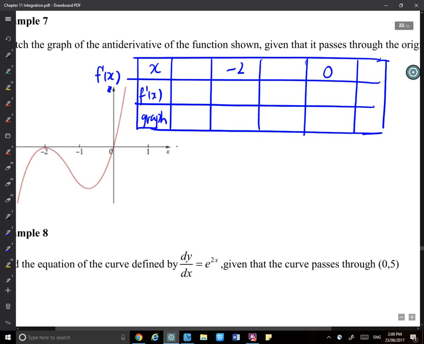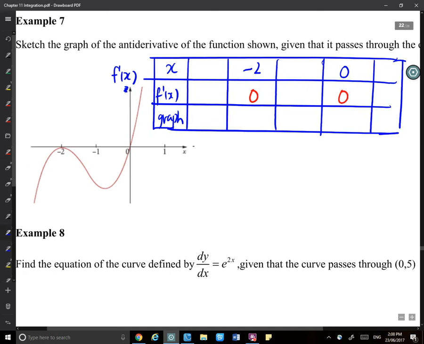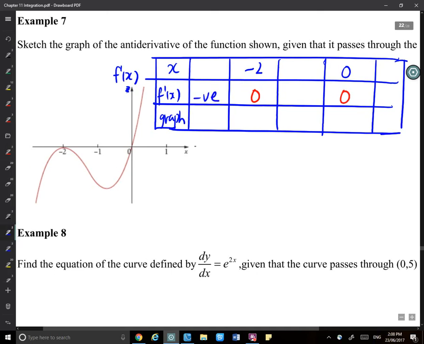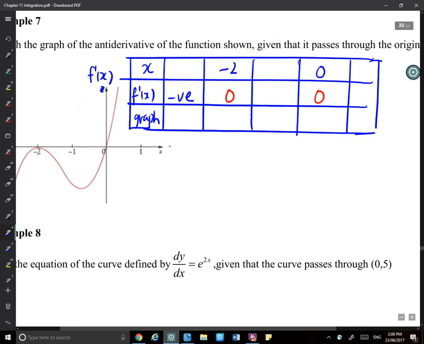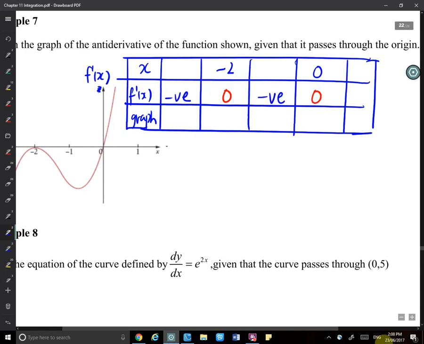Those two points give you gradient 0. So to the left of -2, you have negative gradient. In between -2 and 0, you still have negative gradient. It's still below the x-axis. After 0, you will have positive gradient, which is plus. So it is negative, 0, negative, 0, and positive.